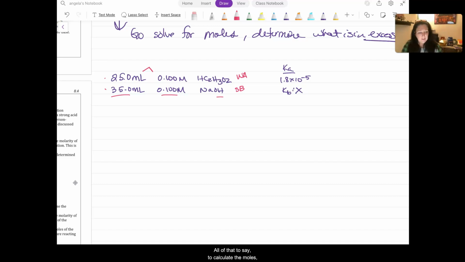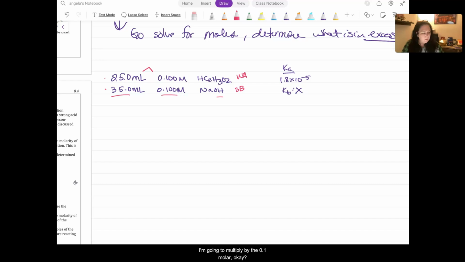All of that to say, to calculate the moles, typically you would need to convert the milliliters to liters. I'm not going to do it. I'm just going to leave it as millimoles. It will all work out in the end. So if I multiply milliliters by molarity, I get millimoles. If I multiply liters times the molarity, I get moles. But I'm just going to let this go. It's going to be fine. All right, so I have 25 milliliters.